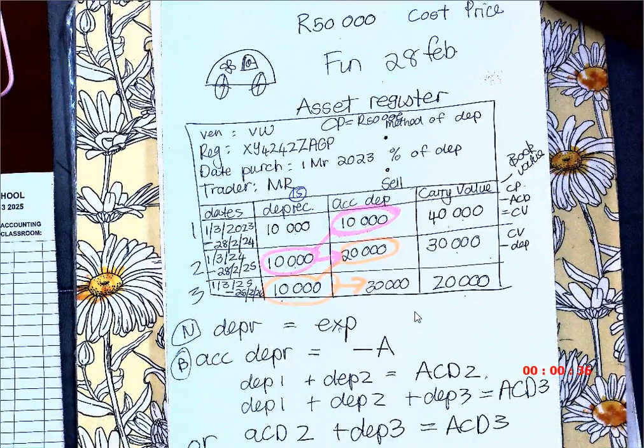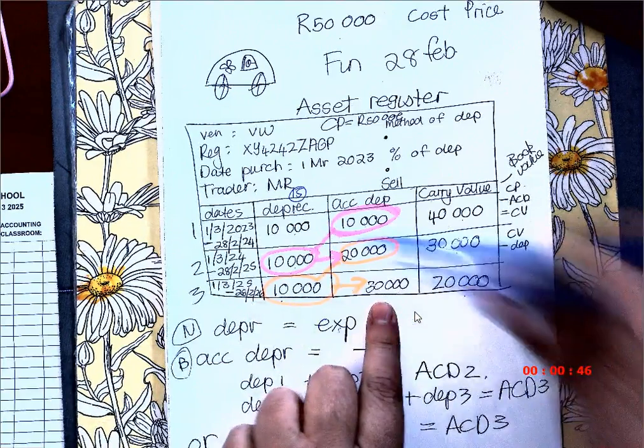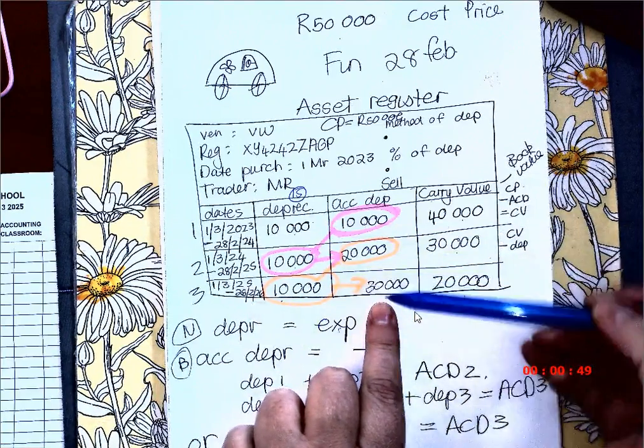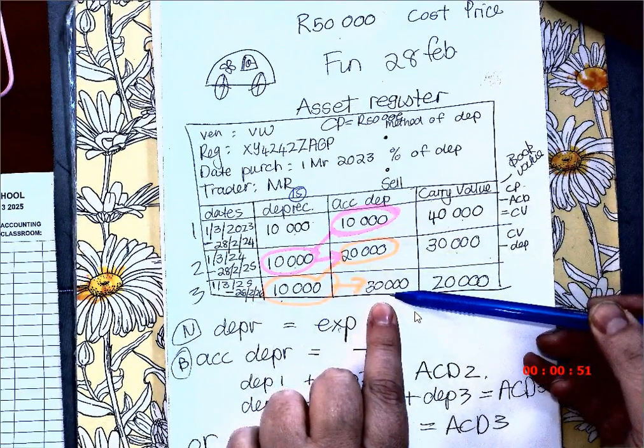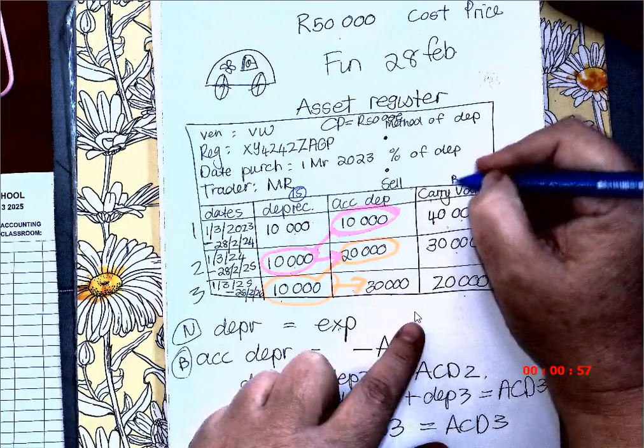Whereas accumulated depreciation is adding up all the depreciations previously written off. So if I talk accumulated depreciation, you'll see it's year 1, year 2, and year 3 accumulated, added, right? Carry value is the value that's going to go on the face of the balance sheet.